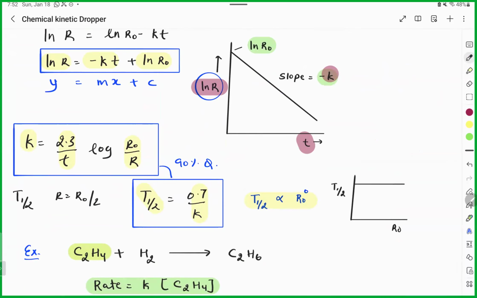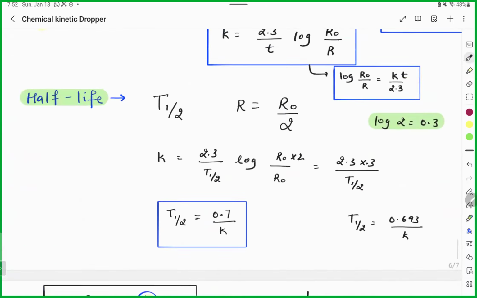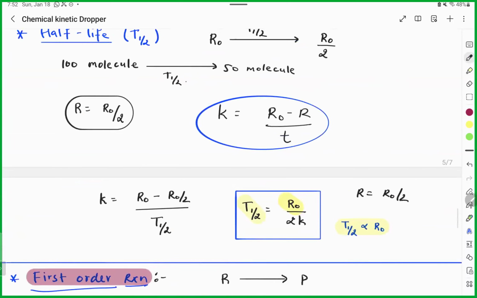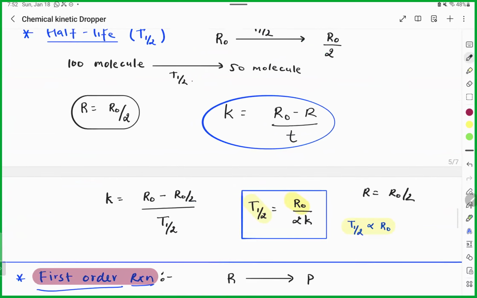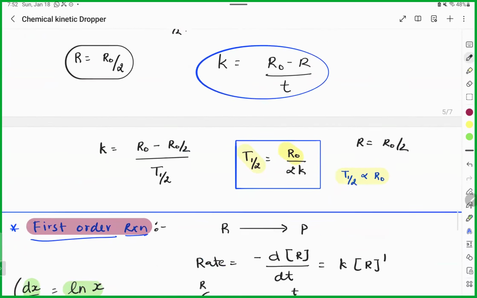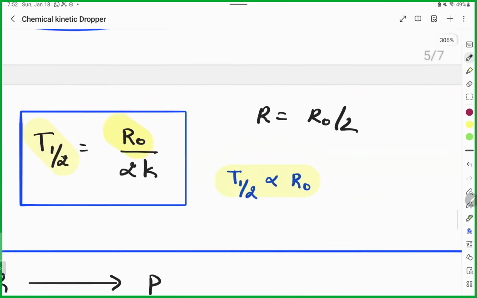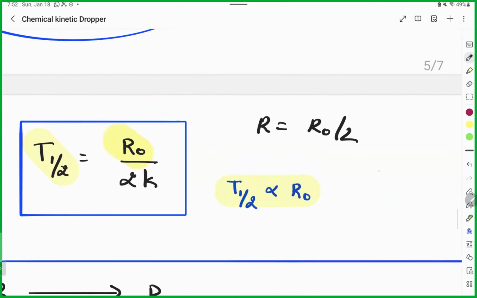Why? Because it does not depend on it. But if you take the half lifetime, your graph directly depends upon the R naught, and you don't have any additional value. So if you take the graph of this, then it will be like this.